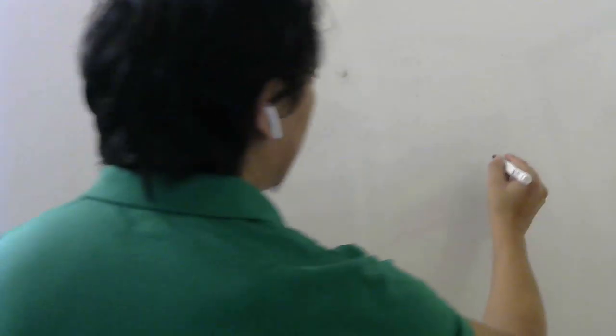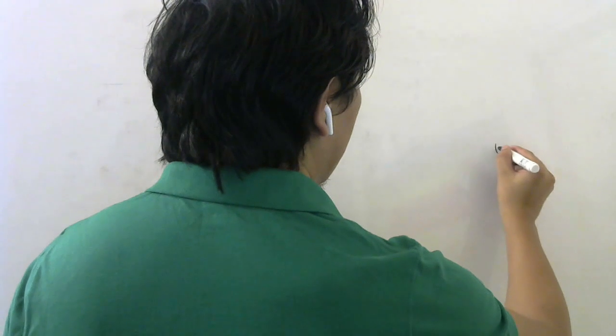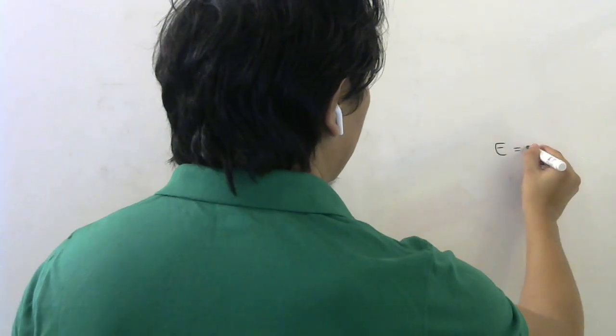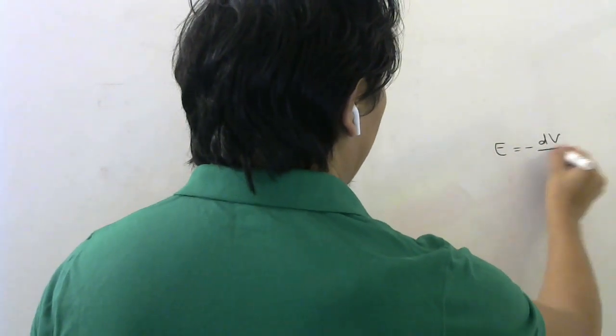So now students, we will be calculating potential due to different kinds of charge distribution, not just point charge. Already we did for point charge, if you remember, and we got E is equal to minus dV by dx. You remember, right?